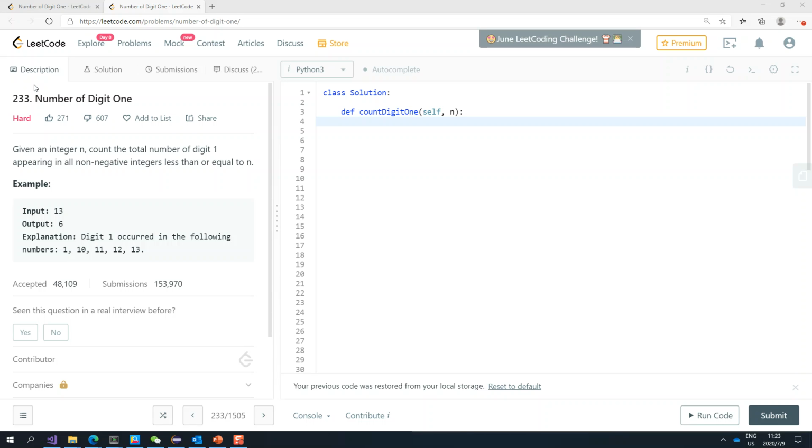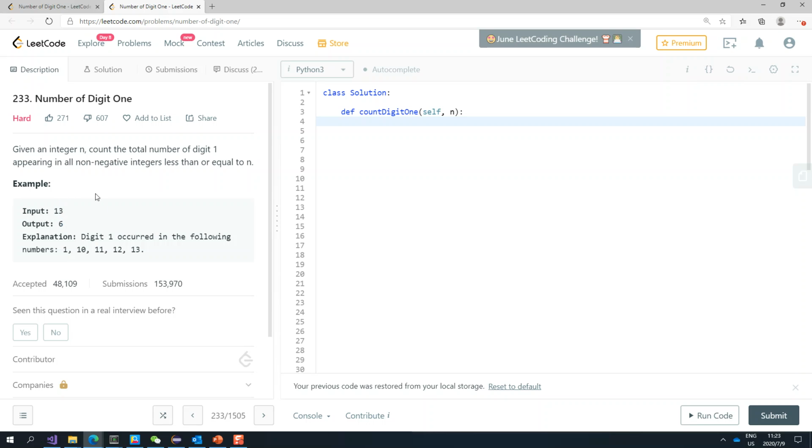So the question is that, suppose you are given an integer n, and we would like to count the total number of digit 1 appearing in all non-negative integers less than or equal to n. This means that suppose you have the number 13, the output should be 6.